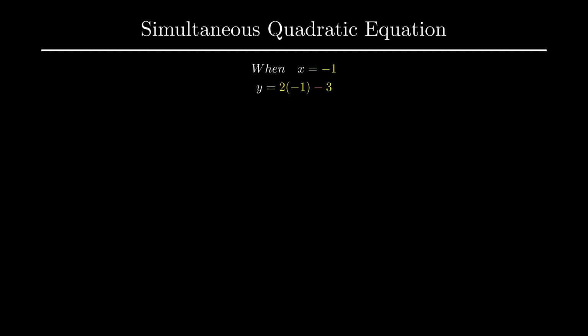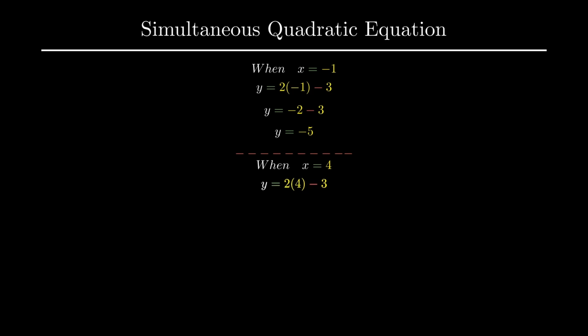When we substitute for x, we have 2 times negative 1 minus 3. When we solve, we get y is equal to negative 2 minus 3, and then y is equal to negative 5. But we are not finished. When x is 4, what do we get for y? Substituting again, y is equal to 2 times 4 minus 3, which is y is equal to 8 minus 3, which gives us y is equal to 5.